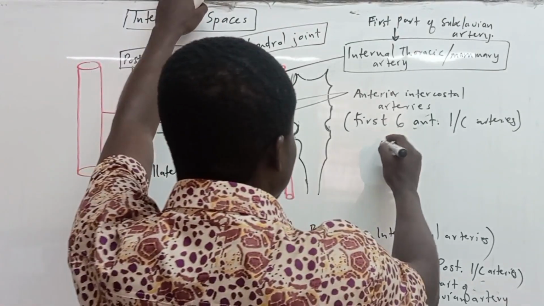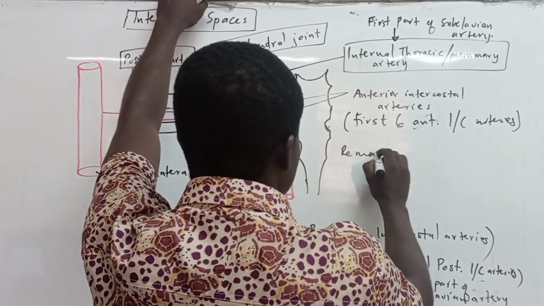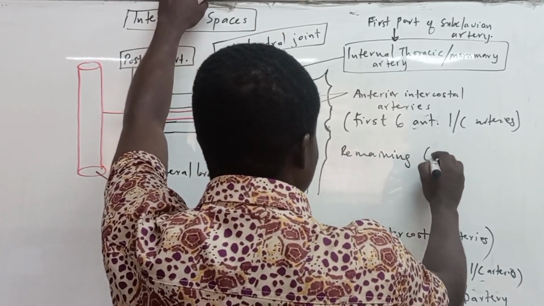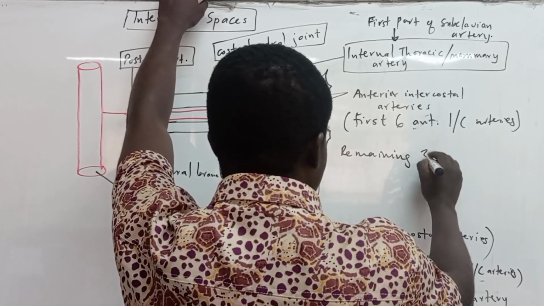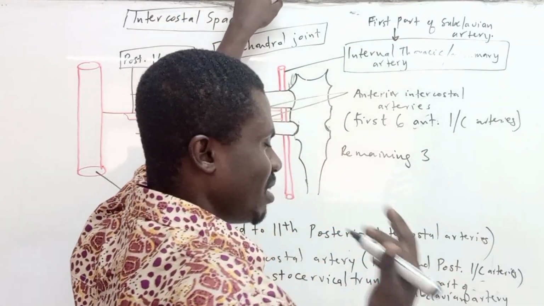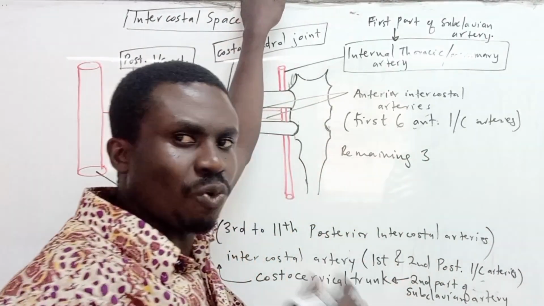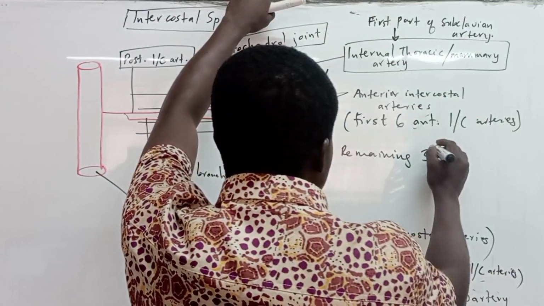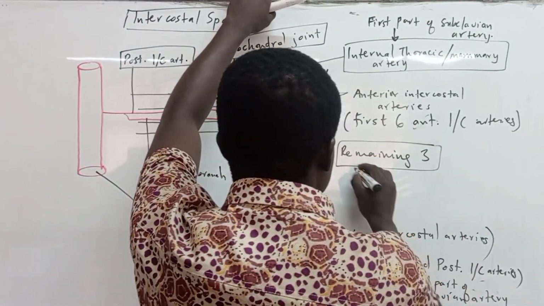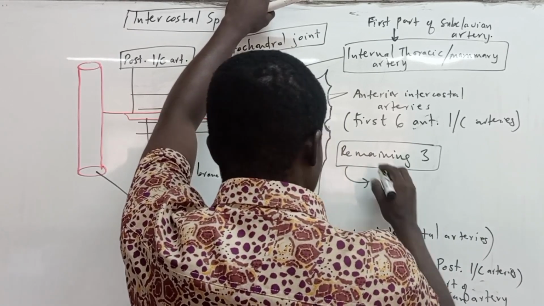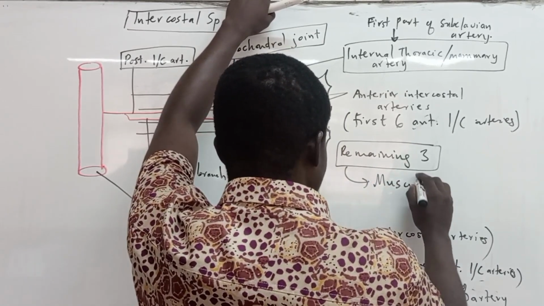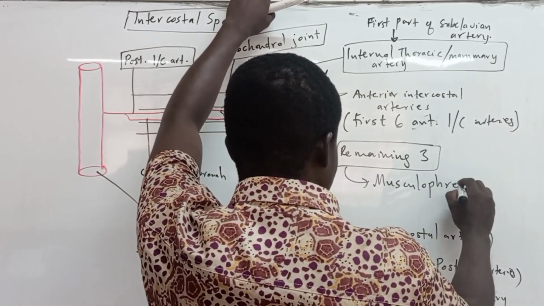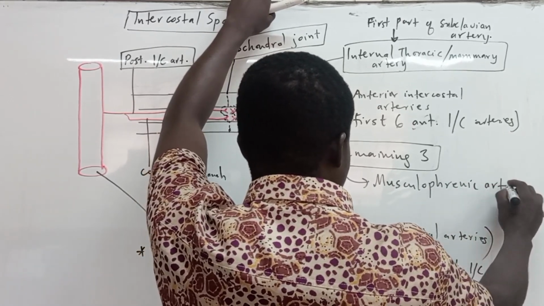So the remaining 3, I'm going to draw to show you those ones. The 7th, 8th, and 9th anterior intercostal arteries will be coming from what we call the musculophrenic artery.